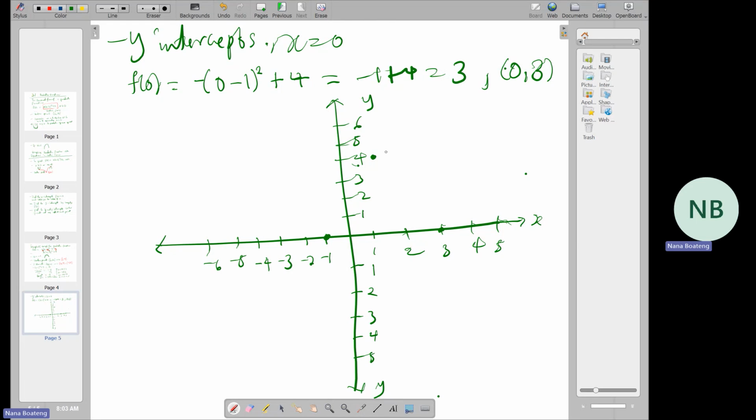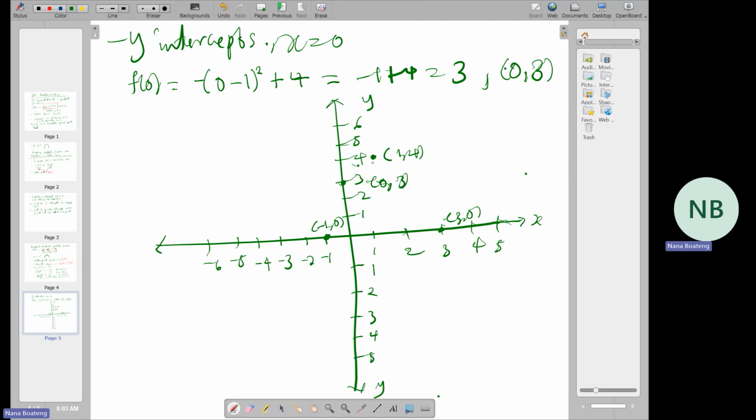So this vertex point is (1, 4), this is (3, 0), this is (-1, 0). And the other point is the y-intercept, which is (0, 3).